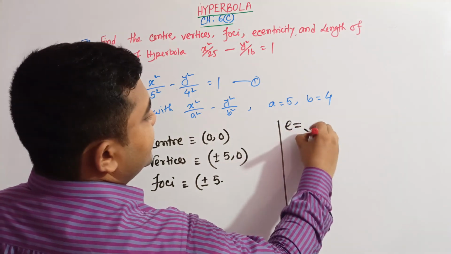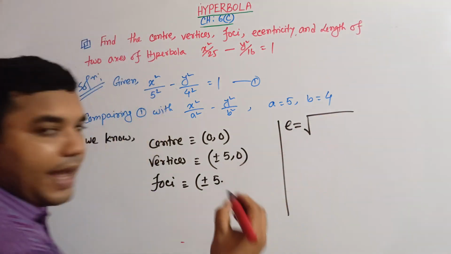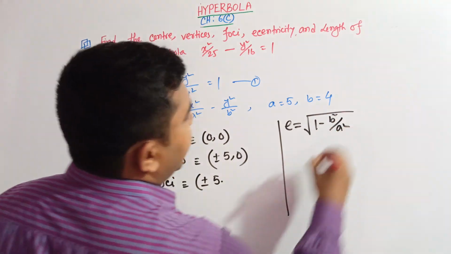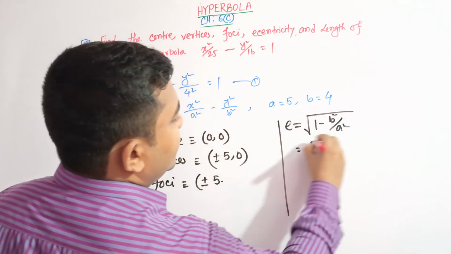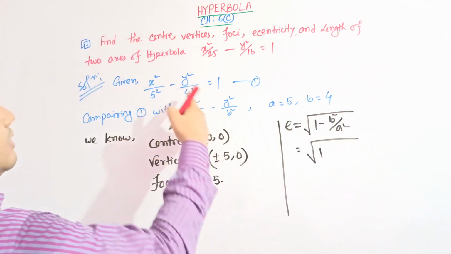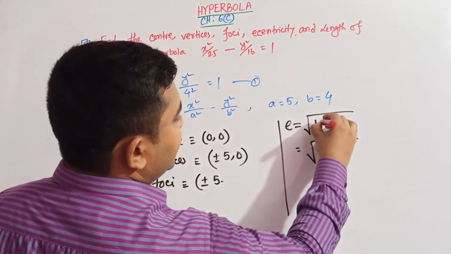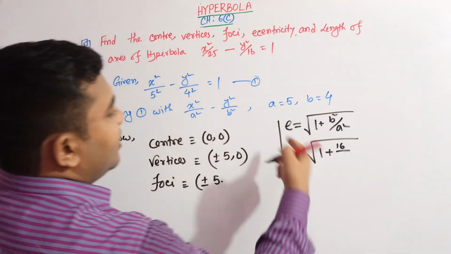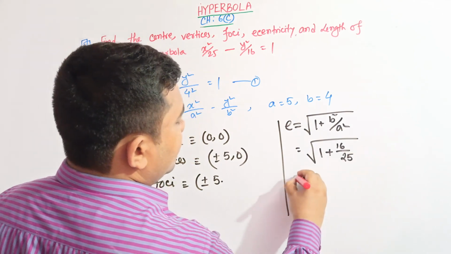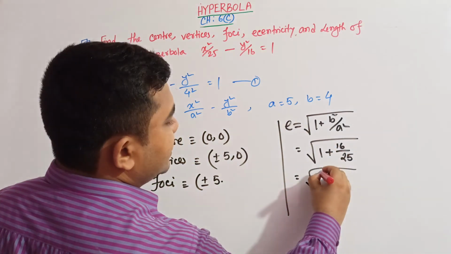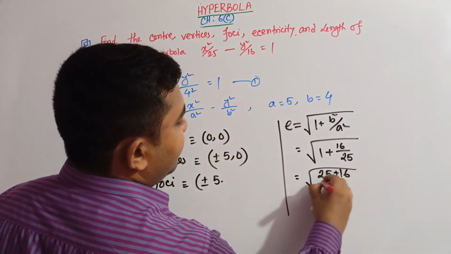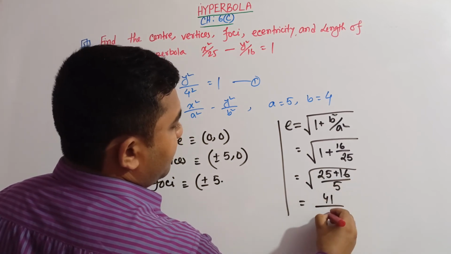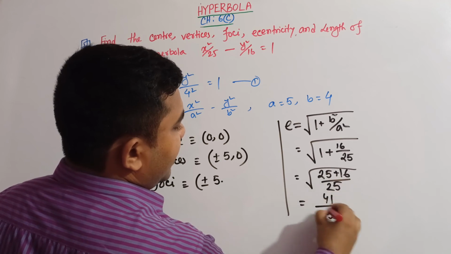So eccentricity is equal to root over a square plus b square by a square. It can be written as 1 plus b square, which is 16, over a square, which is 25, so the answer should have been root over 25 plus 16 by 25, so it is 41 by 25, so root over 41 by 5.